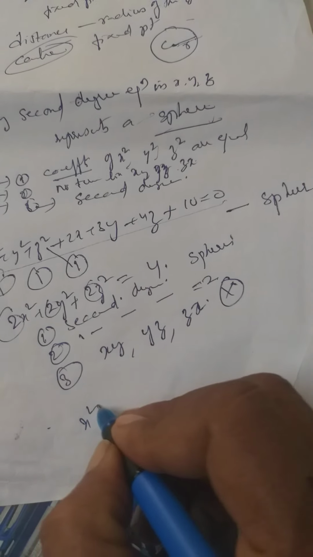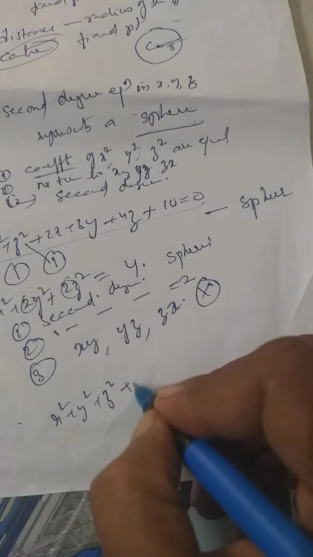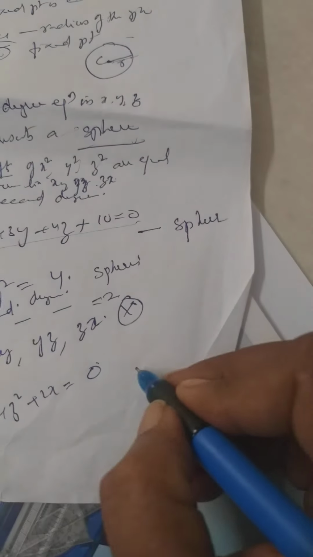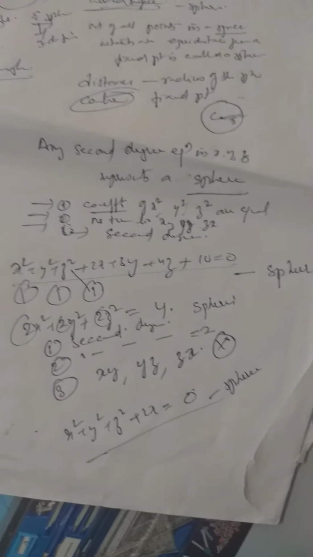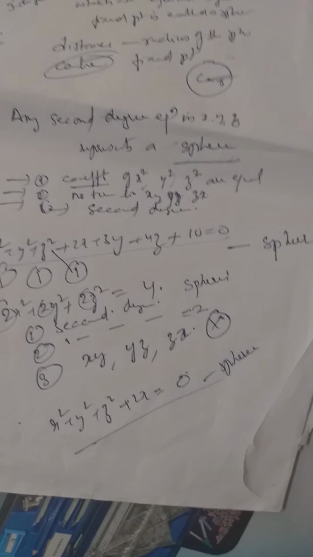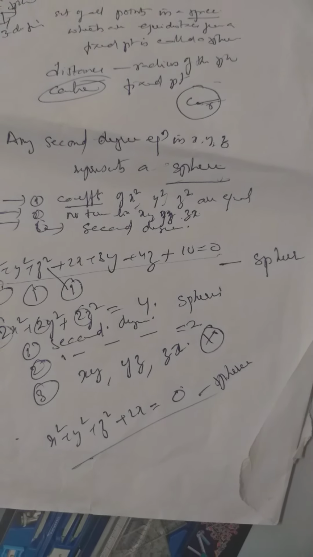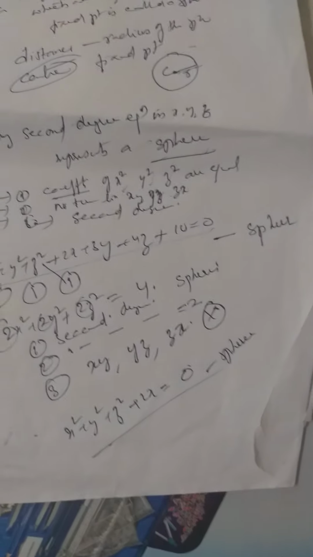Next example is x square plus y square plus z square plus 2x is equal to 0. Whether this represents the equation of a sphere or not. Yes, this equation also represents a sphere. Now why? Again you have to check all the conditions. What is the first condition? It is a second degree equation in x, y and z.